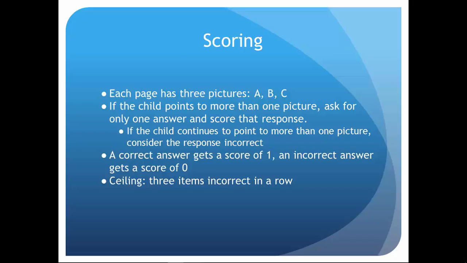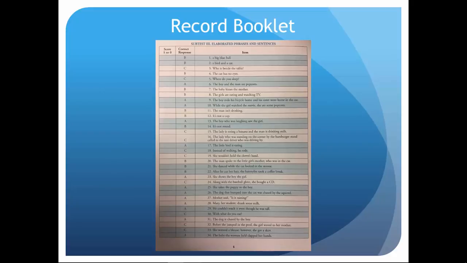If the child points to more than one picture, the examiner can ask for only one answer and score that response. But if the child continues to point to more than one picture, the response would be considered incorrect. The ceiling is reached once 3 incorrect items in a row are given. And this is just an example of what the scoring page looks like for the examiner.